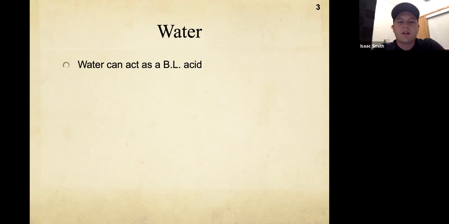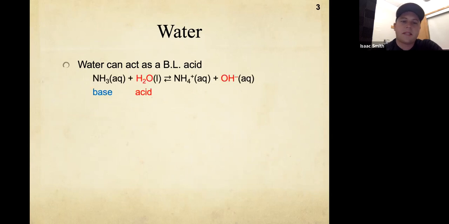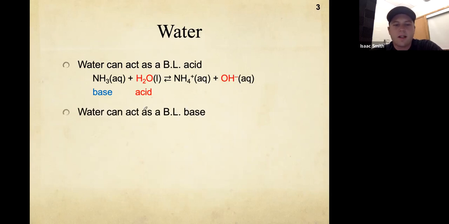So water, we've talked about how it can act as an acid if there's a base in the water, right? So an example is we put ammonia in water. Water can act as the acid. NH3 will accept a proton from water and become NH4, right? And then you're left with an OH minus. It can also act as a Bronsted-Lowry base.